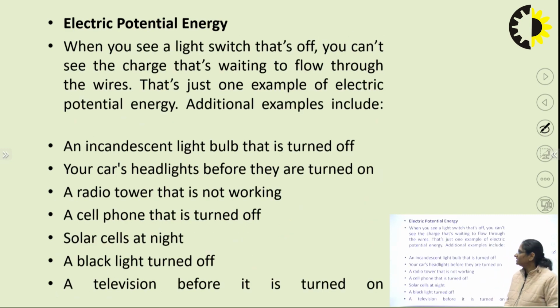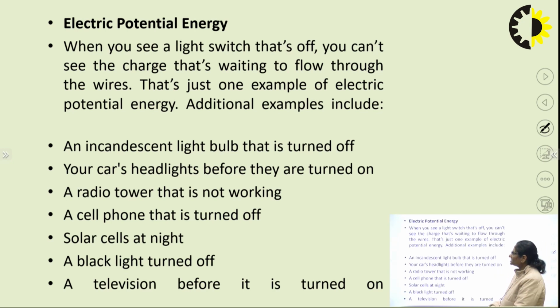Electric potential energy. When we see a light switch that is off, you cannot see the charge that is waiting to flow through the wires, but actually a charge is waiting to flow after the switch is closed. This is an example of electric potential energy. That potential is actually blocked by an off switch.